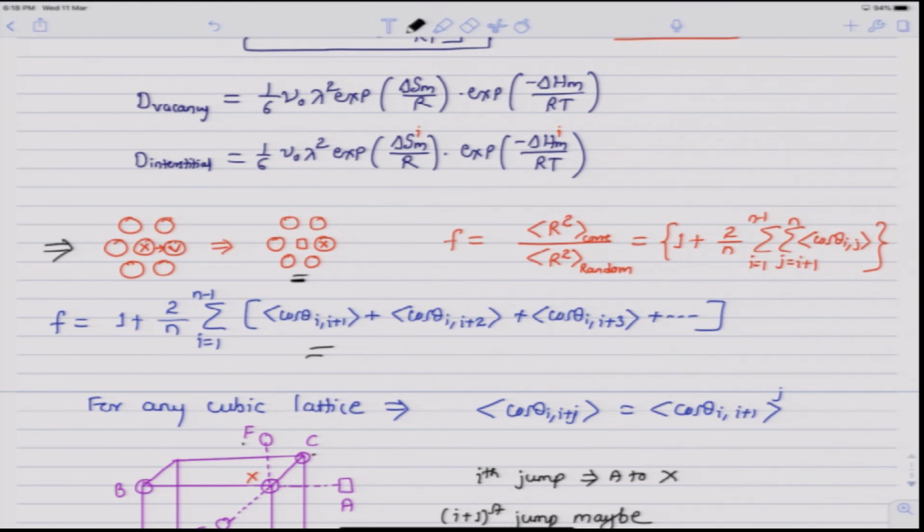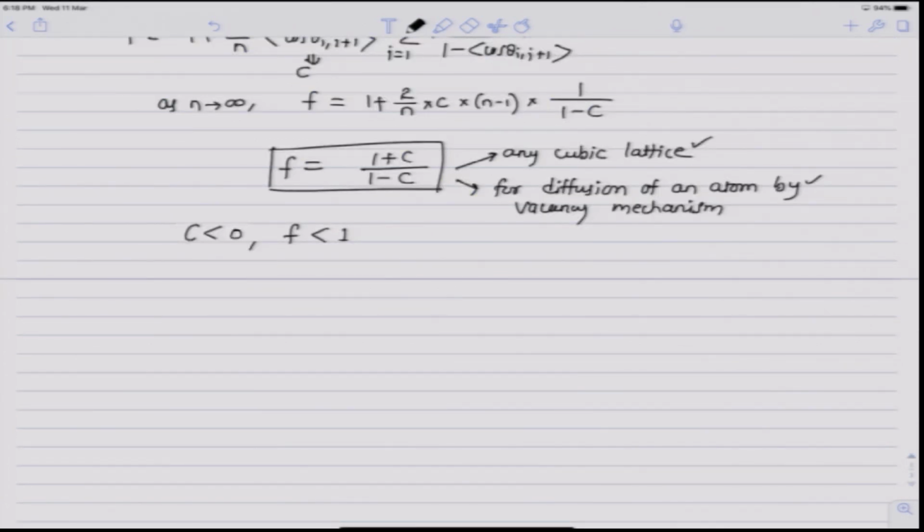So, that is the most possible sequence, and this nullifies the contribution to diffusion from the previous jump, and since this reverse jump is most possible, it indicates that C has to be less than 0. The average of cos theta (i, i+1) has to be less than 0.